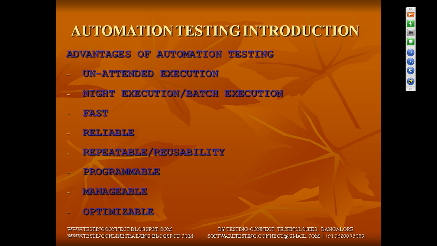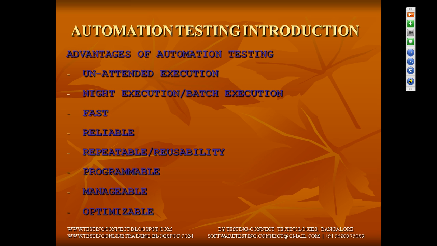Okay, optimizable. Today, whatever features you have in your application, accordingly you try to come up with your automation framework. Is this IT industry stable? Are our client requirements stable? Not at all, right? You are not sure which change requests, which functionality, which enhancements will come tomorrow.